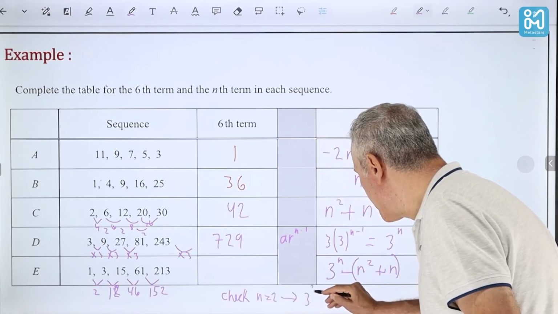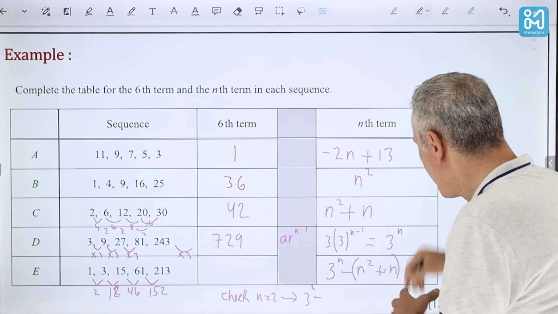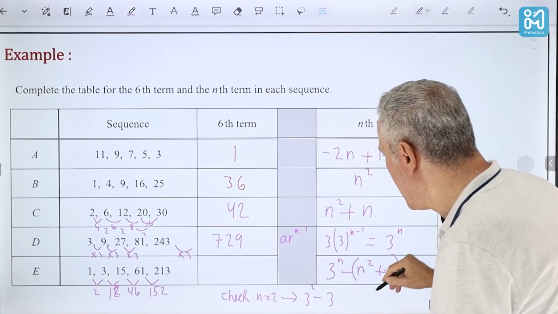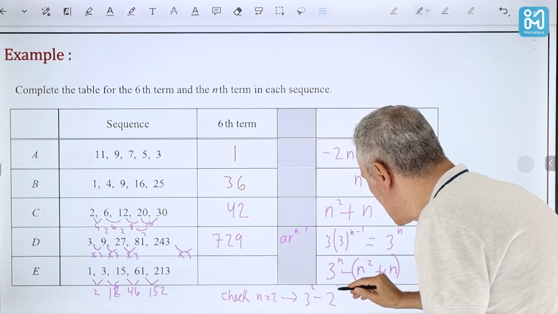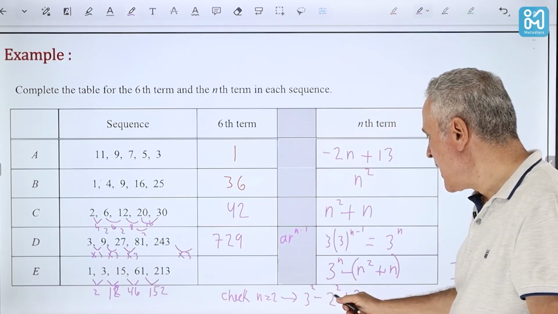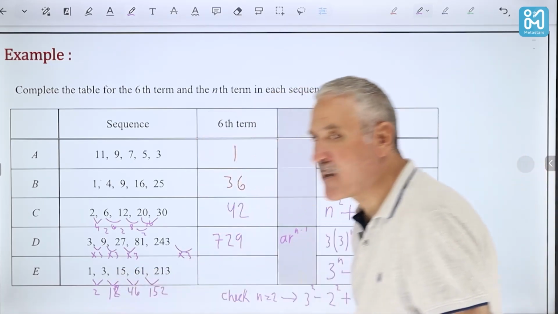3 squared minus, let me not put the brackets, as if I have forgotten to put the brackets, 2 squared, n is 2, plus 2. 9 minus 4 is 5, plus 2 is 7. We have a 3, not 7.